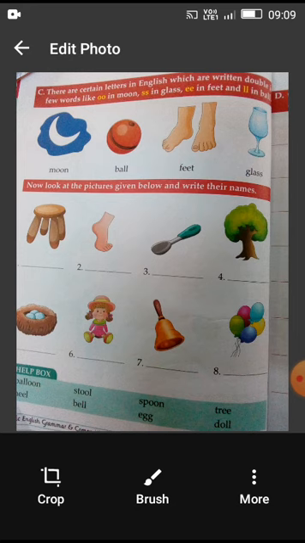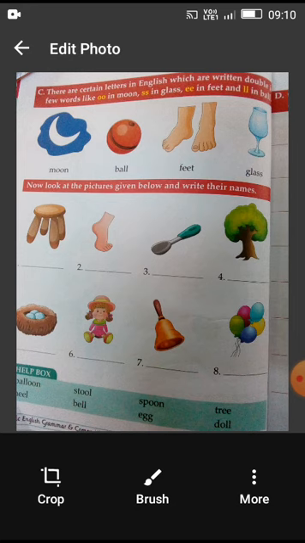The letters are written double, so that is called joint letters in double letters. So you can see here moon, MOON, moon, BALL, ball, FEET, feet, GLASS, glass.